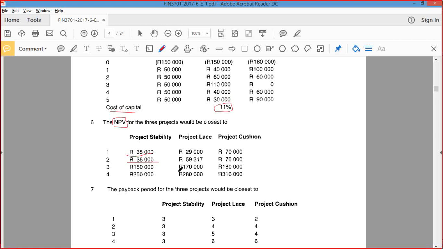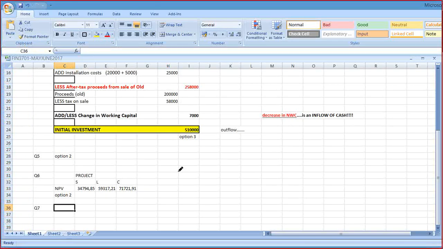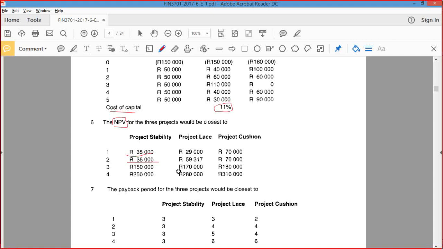I got 97. Ooh, no, something went wrong again. Okay, so it's minus cash flow 1. I don't think I put the minus in cash flow 1 or the cash flow 0.